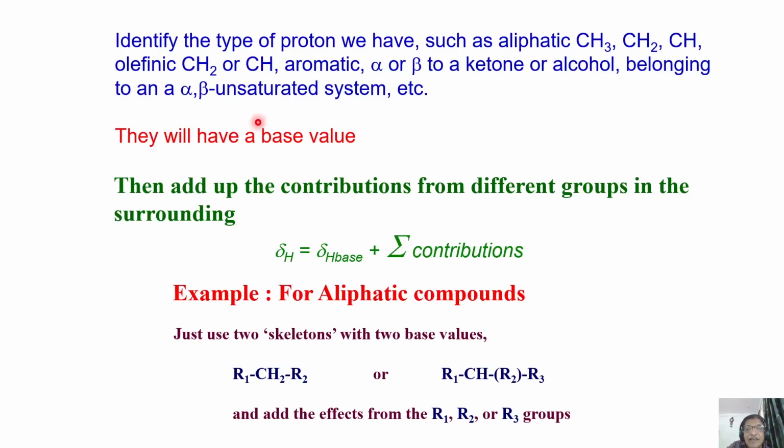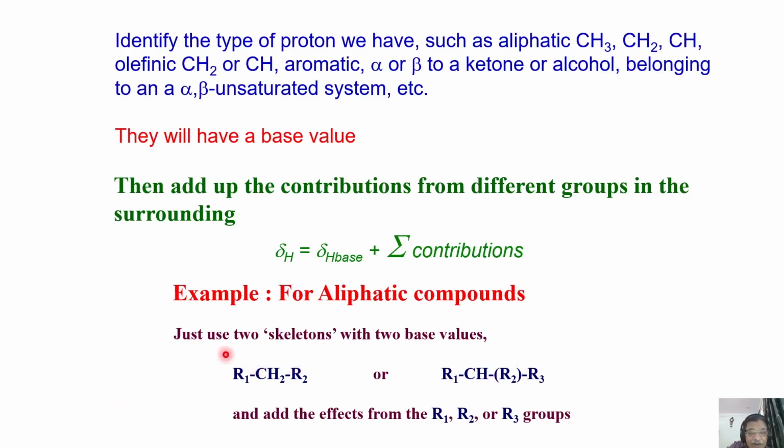Then start summing up the various contributions one by one. Keep adding everything and find the total chemical shift you get. You get the point? That should be your predicted chemical shift after adding all the contributions to the base value. Now, for example, take the group CH2, with substituents R1 and R2 on either side, or a CH with R1, R2, R3 as the substituents.